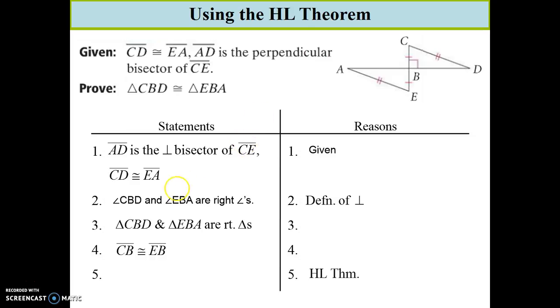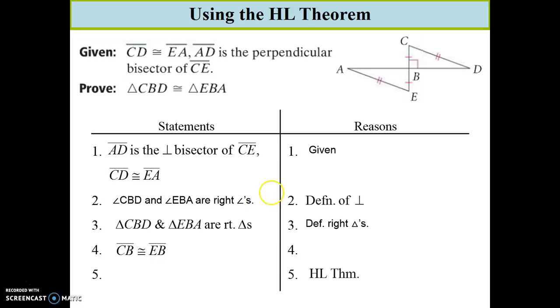So for number 2, you could say the 2 angles there are right angles by definition of perpendicular. And have we shown that they're right triangles yet? No, we haven't, because we just said they're right angles. But good news is we can say that next. The 2 triangles are right triangles by definition of right triangles. Because what does it mean to be a right triangle? Well, it has right angles. So simple as that. Just notice the process to show that they are right triangles.